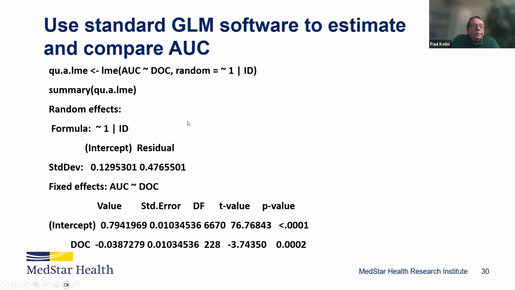It gives you different statistics here, but the one that we're interested in is down here where we have the AUC modeled as a function of the doctor, and we see that there's a significant difference between doctor types, which is the same conclusion we got with the t-test, but now we're taking into account the variability between patients.